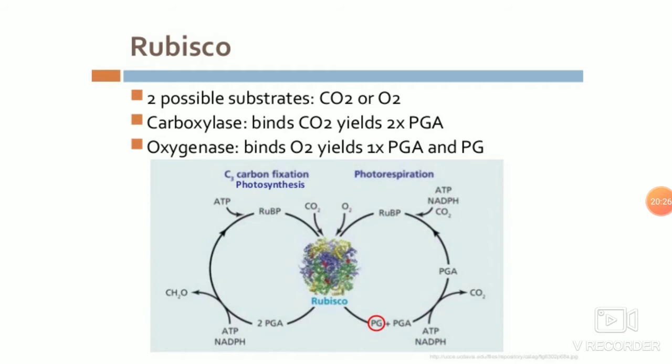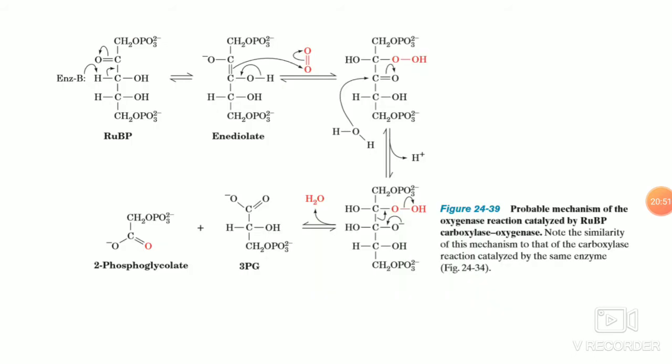Now I also mentioned that Rubisco, that is ribulose bisphosphate carboxylase, can also take up oxygen during the reactions of photorespiration. It takes up oxygen and generates intermediates similar to when it takes up carbon dioxide, forming the enediolate ion, where an enzyme group attacks the hydrogen on C3 and abstracts it.